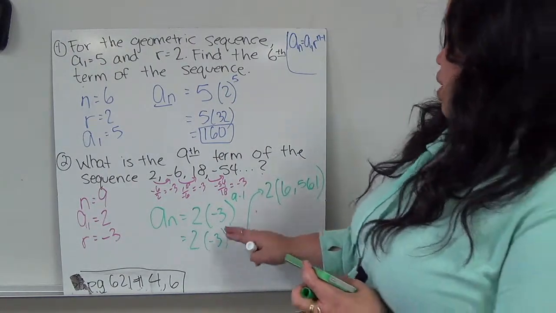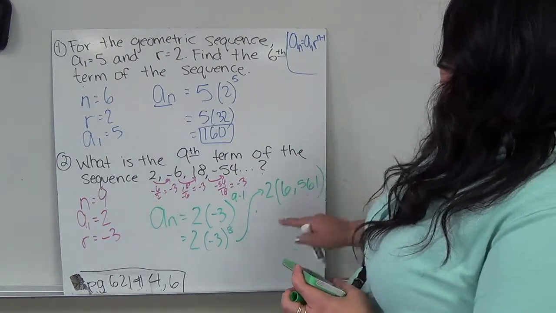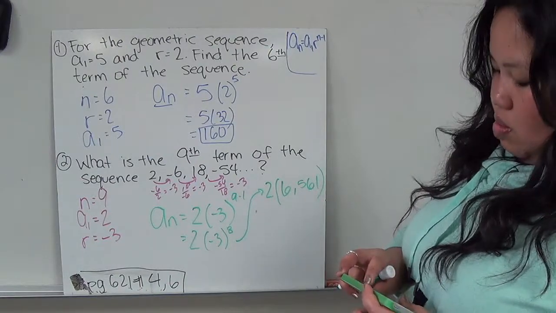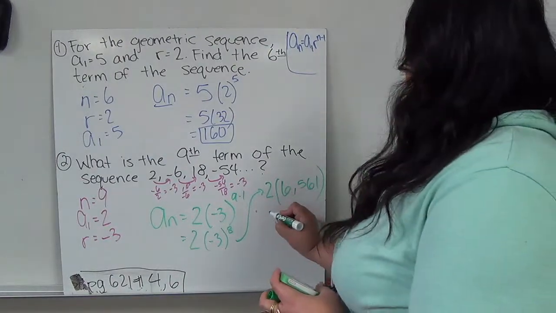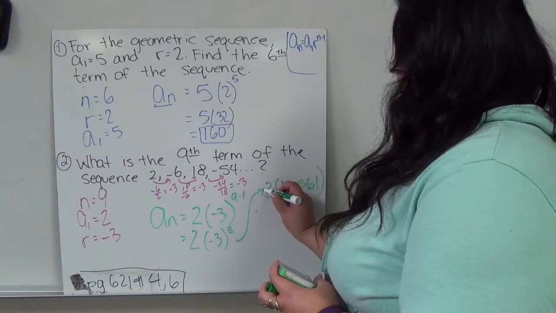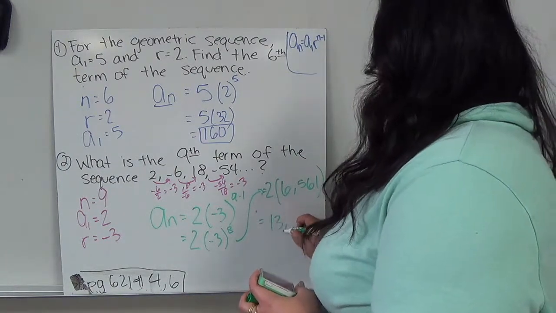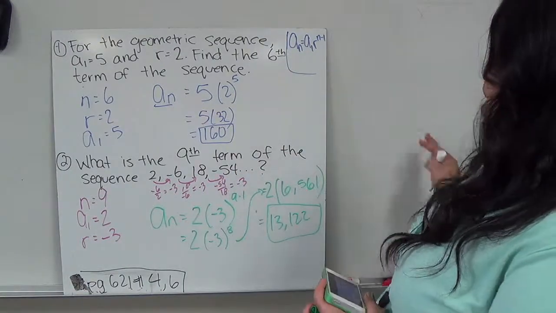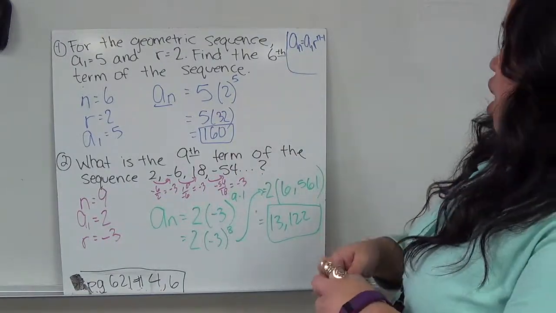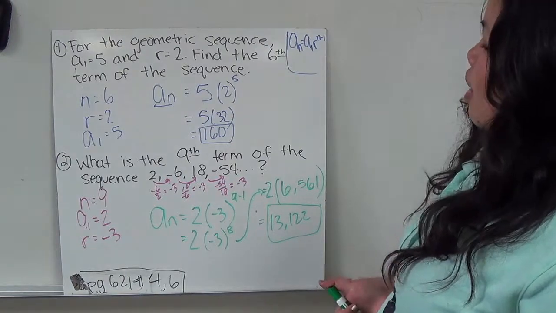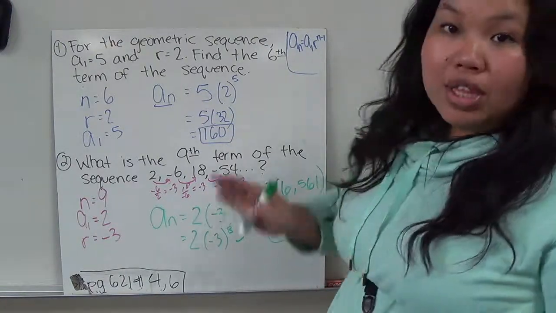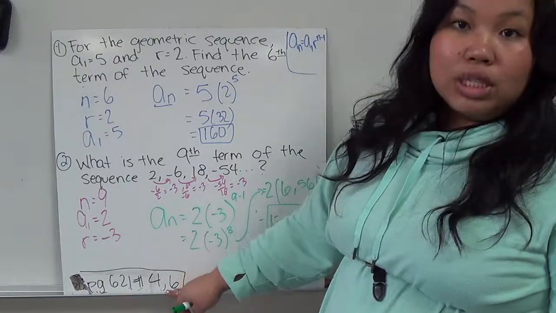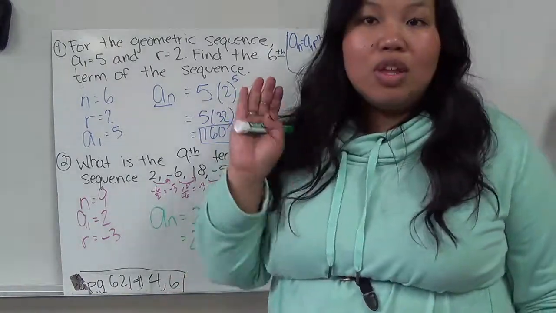Because a negative to the power of an even number will give you a positive. Multiply that by 2. So this got big pretty fast: 13,122. So that means the 9th term of this sequence, if you keep going, will be positive 13,122. Right? So, hopefully that made sense. Go ahead and write this down. Try page 621, numbers 4 and 6, and I will see you in class.